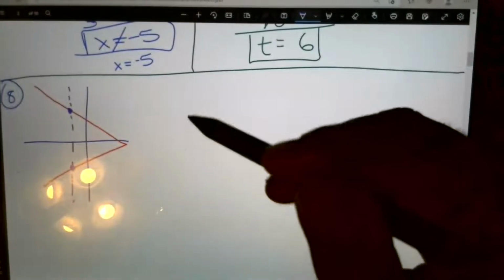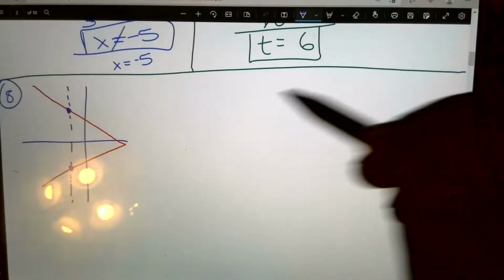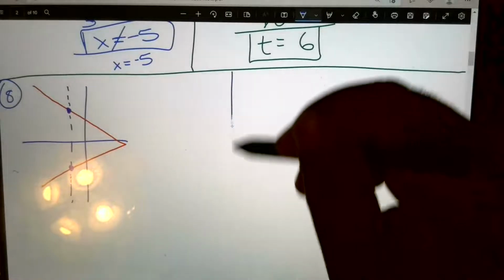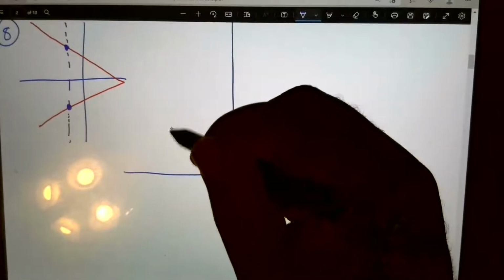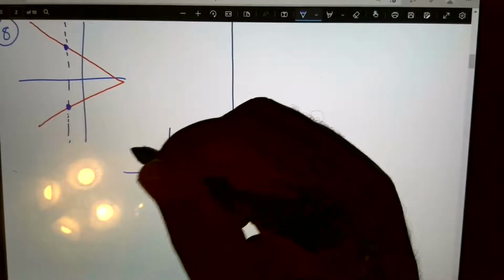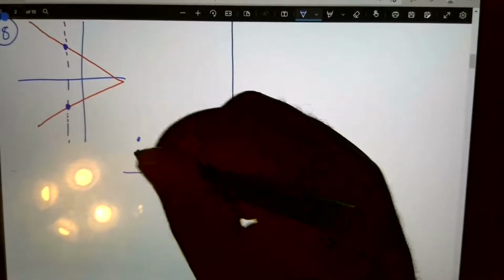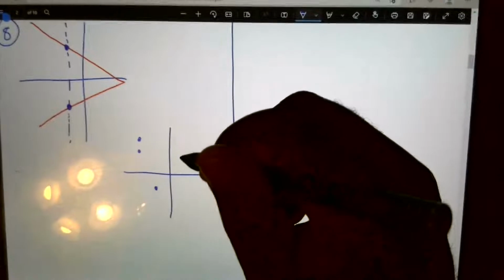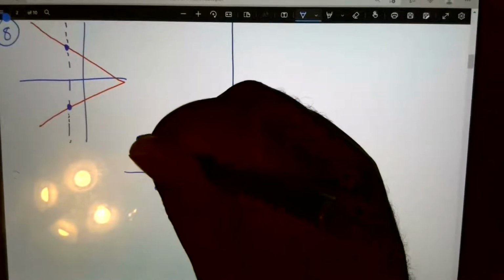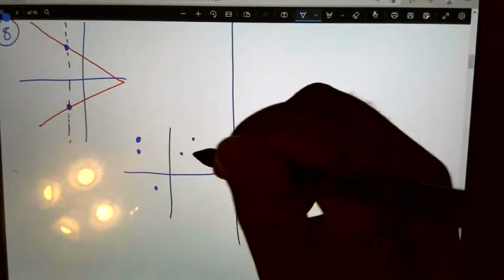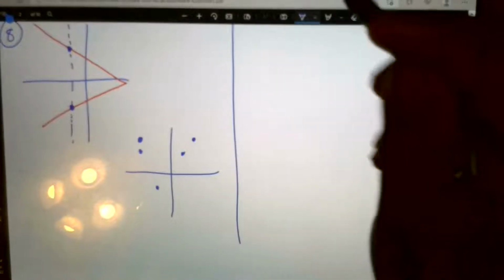So that's whether the function is like that, or right there, or if the function I have this type of function is called discrete. In other words, it's not continuous. It just has a bunch of little points.